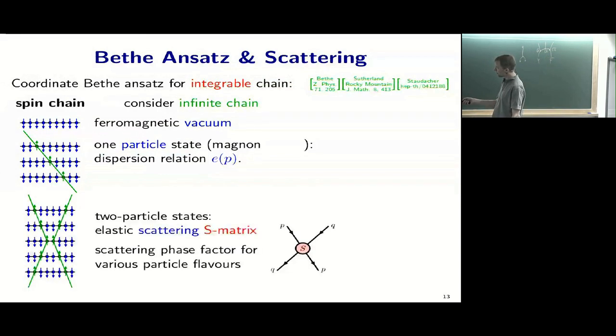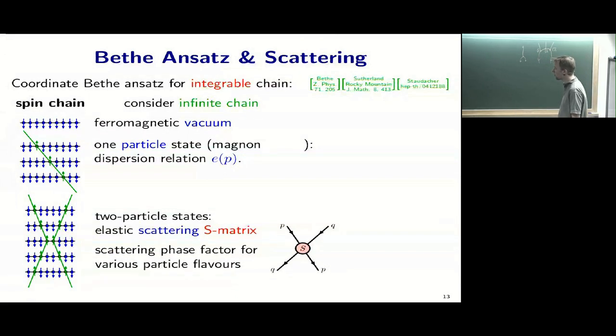Okay, you take the next more complicated problem, namely you flip two spins, and as long as they are very far apart, they behave like two individual one-particle states. So they have their individual dispersion relations, and they will propagate along the chain in exactly the same way as this state.